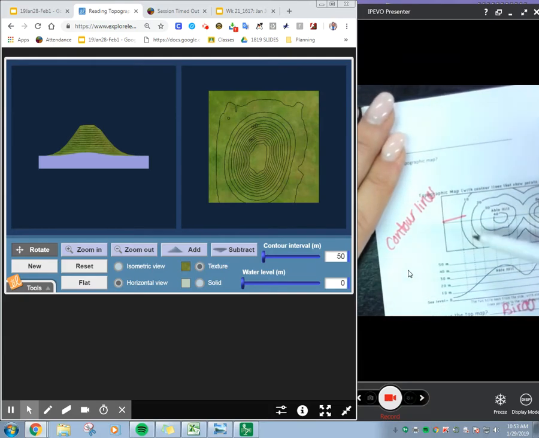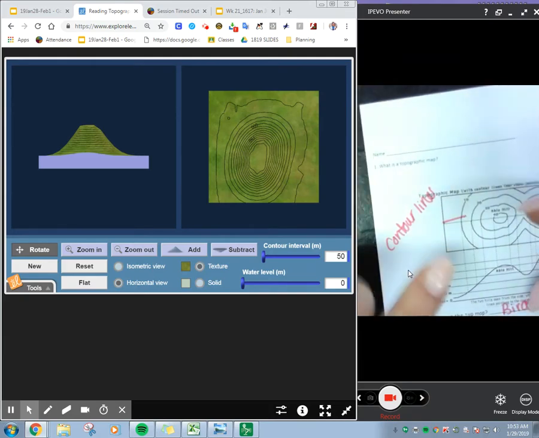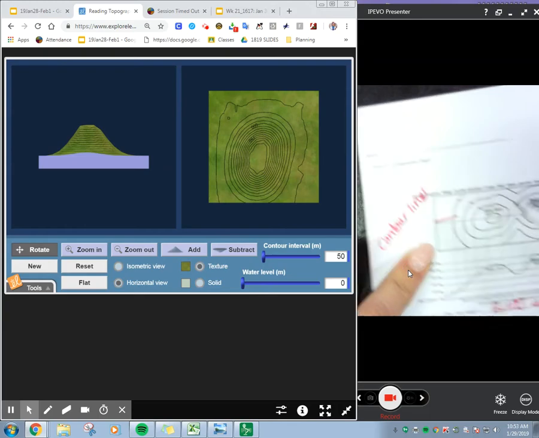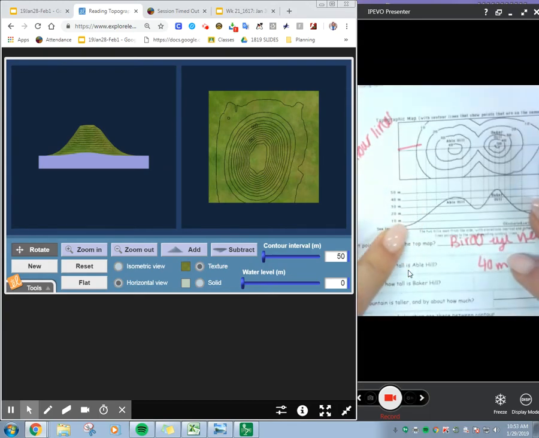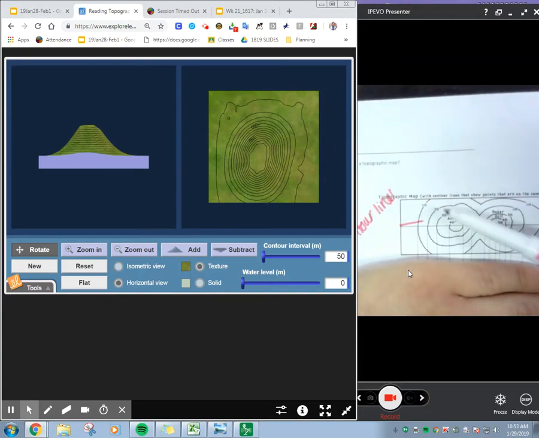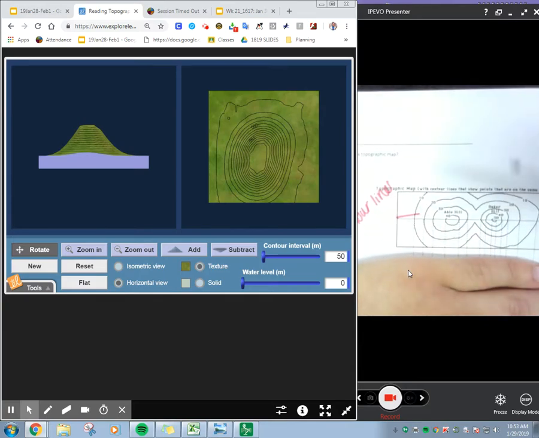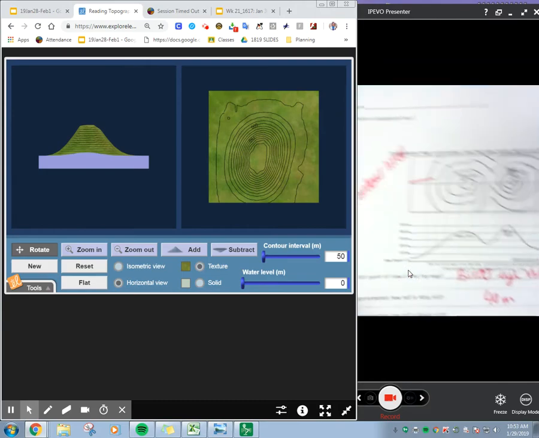So ladies, just how you contour your face to shape your face, these contour lines shape the earth. It shows you the different shapes. So if you didn't have this 10 meter, 20 meter, 30 meter mark, you look up here at the 10, 20, 30, 40, and it still tells you the elevation. So Able Hill is 40 meters tall.